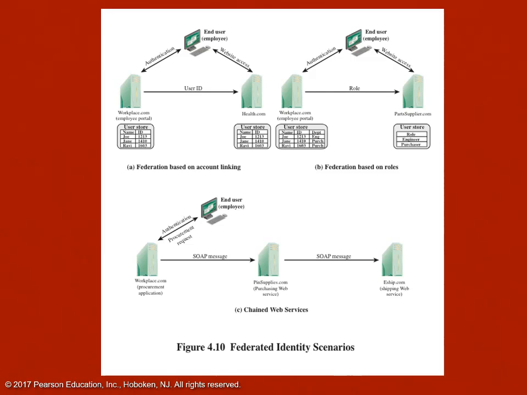When the employee clicks on a link to access health benefits, her browser is redirected to health.com. At the same time, the workplace.com software passes the user's identifier to health.com in a secure manner. The 2 organizations are part of a federation that cooperatively exchanges user identifiers.